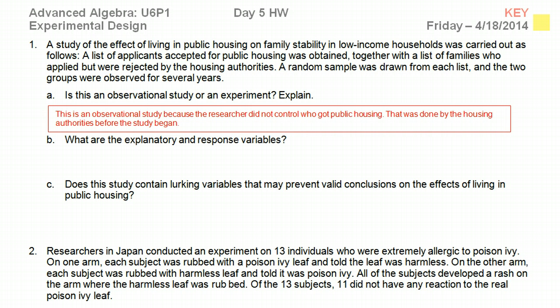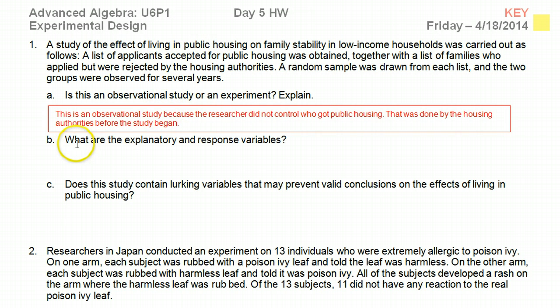But instead of whatever criteria the housing authorities used, imagine that the researcher used a random number generator to randomly assign, let's say, 100 people to get public housing and 100 people to not get public housing. Then if you compared what happened to those two groups, that would be an experiment, because now the researcher, using his random number generator, is deciding who goes into what group.